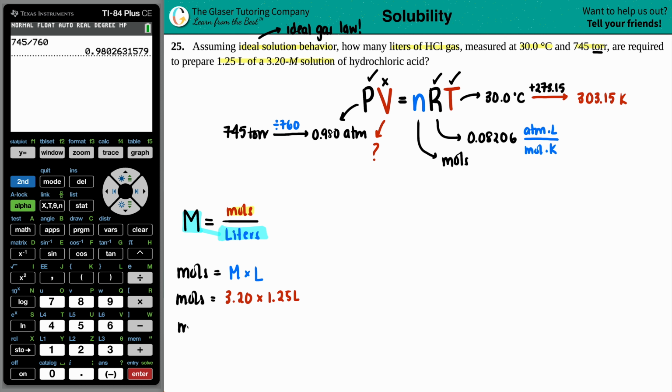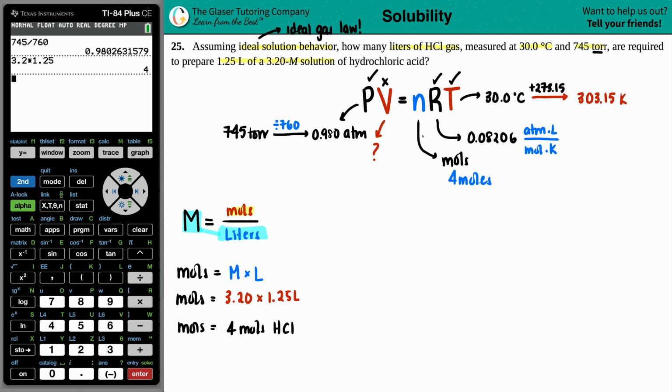So there we go, moles. 3.2 times 1.25, I get 4 moles. And this is specifically of the HCl. And that's what's going to go into here. We now have 4 moles. I'm just checking over my math to make sure I did everything right. 3.2, 1.25, everything looks good.